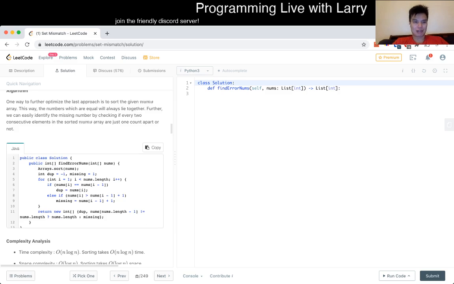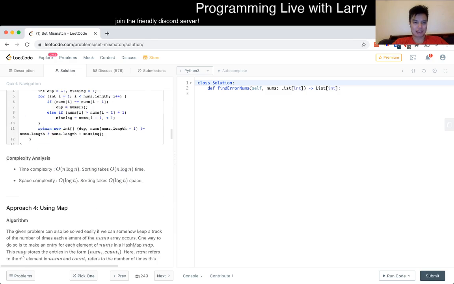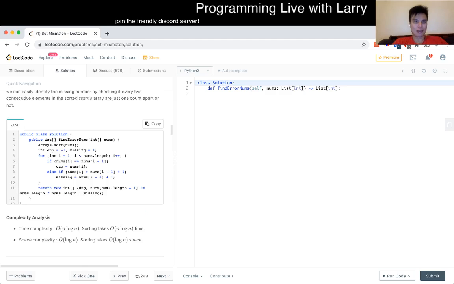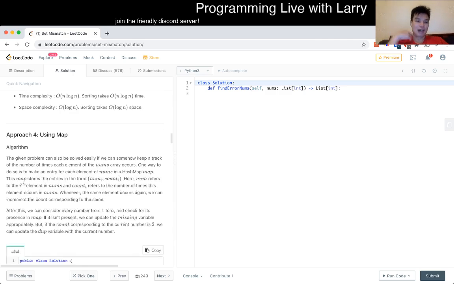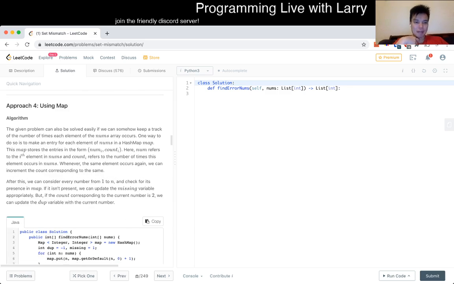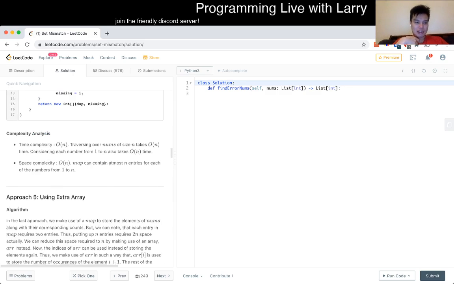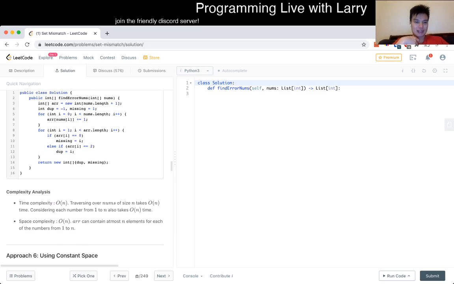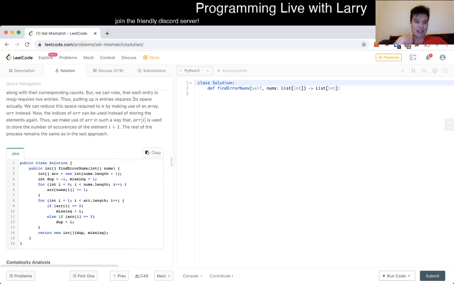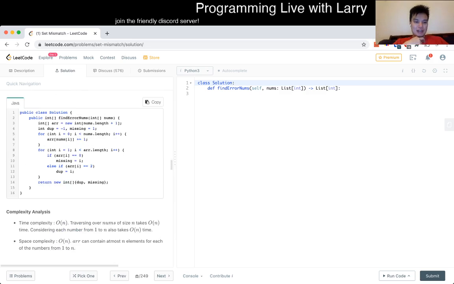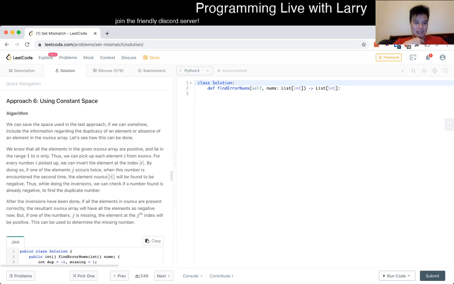I guess it depends on which sort you like, because I think heap sort isn't, right? Either way, using a map, which is what we did, or using an extra array, which we could have done, taking advantage that we times as 4, but constant space, that's the one that we're looking at.